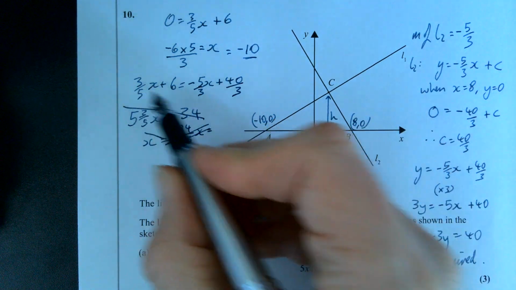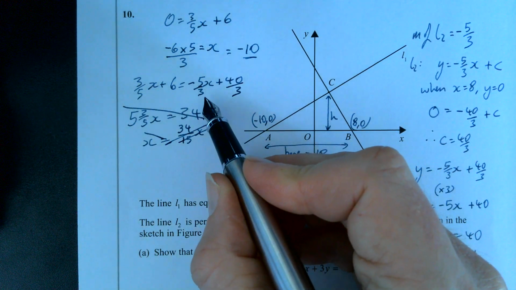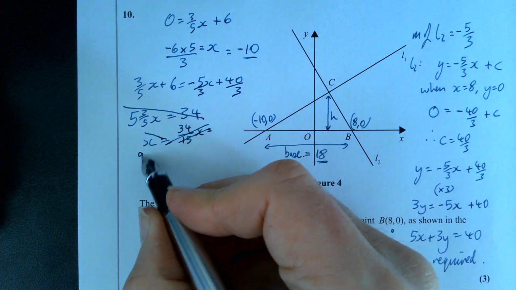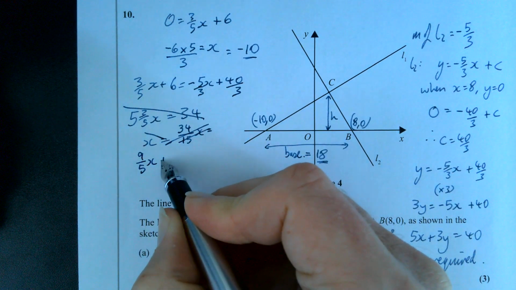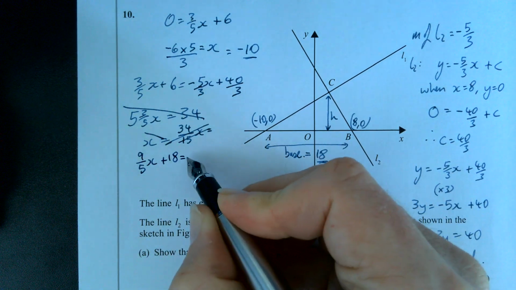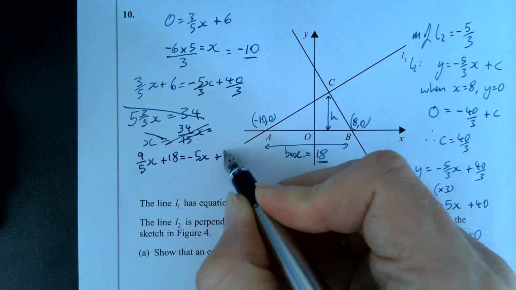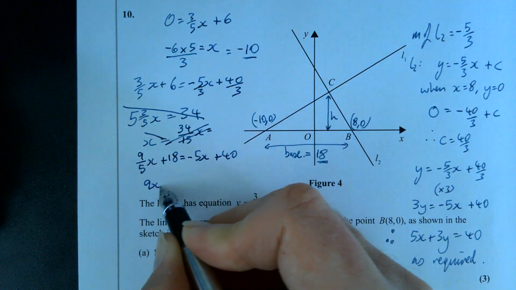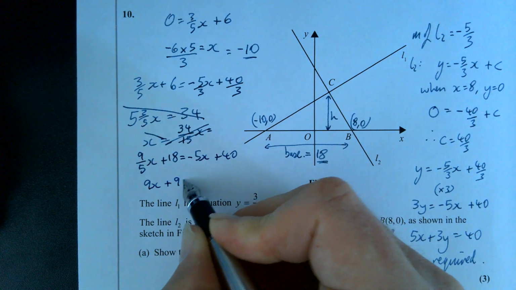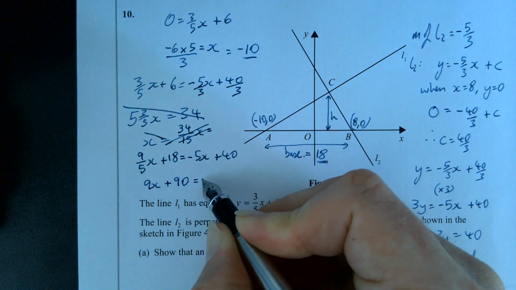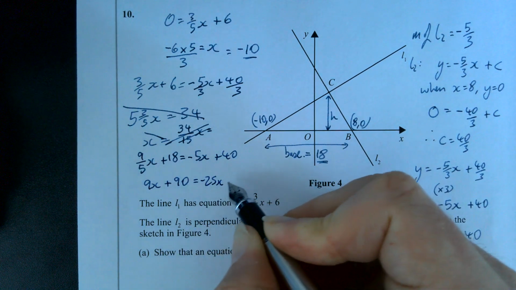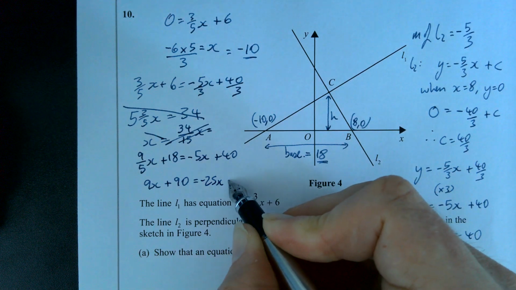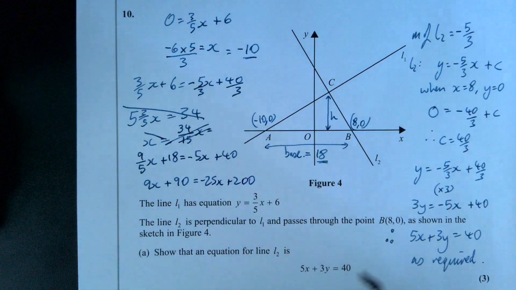As I've got thirds, I'm not going to do 34/15. I'm just going to multiply everything by 3 first of all to give me 9/5 of x plus 18 equals minus 5x plus 40. Then multiply all by 5 gives us 9x plus 90 equals negative 25x plus 200.